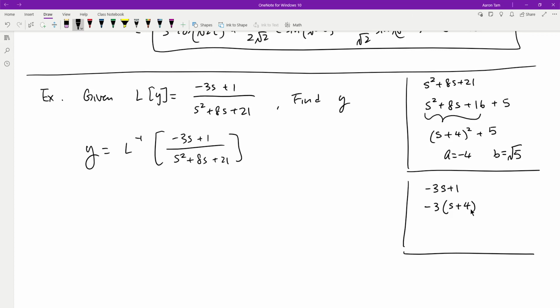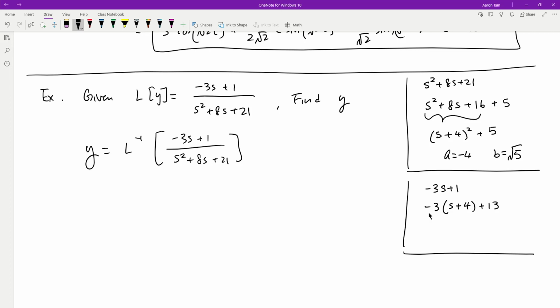Okay, so let's fix it. So how do I fix it? If I look at this correctly, if I distribute the -3 to the 4, it will become -12. But I need +1. So what I'm going to do, how about if I add 13 to it? Then that would be the same thing.